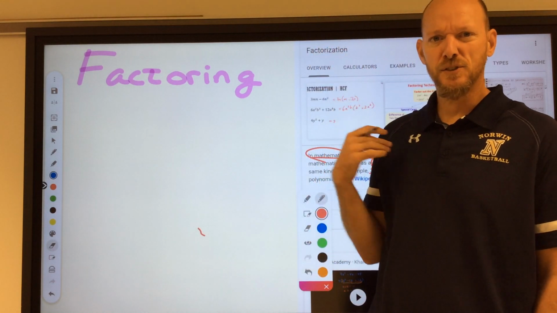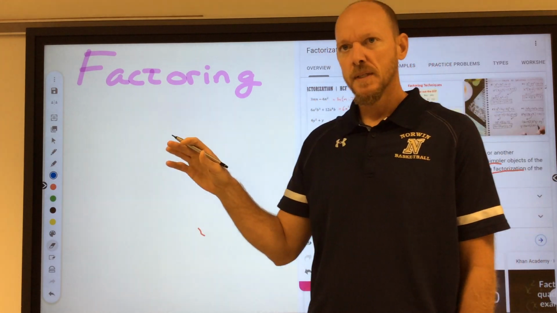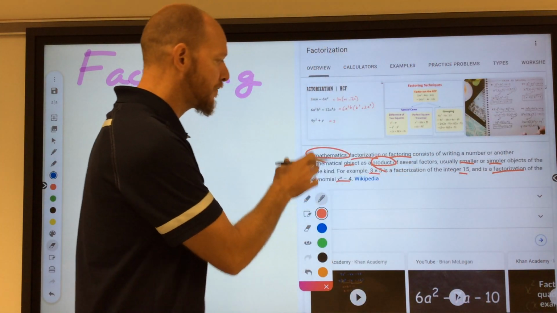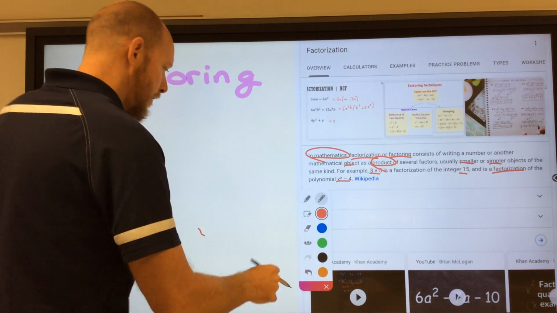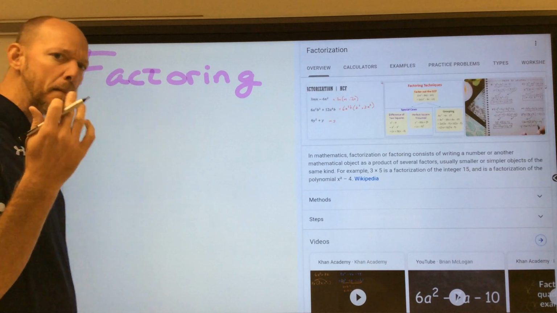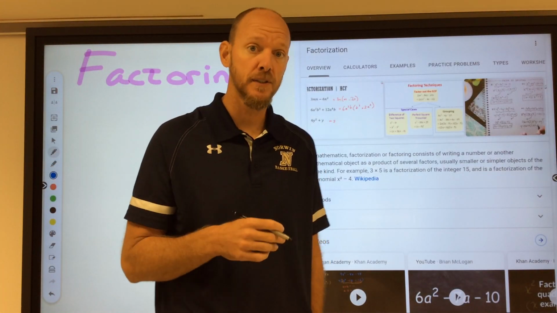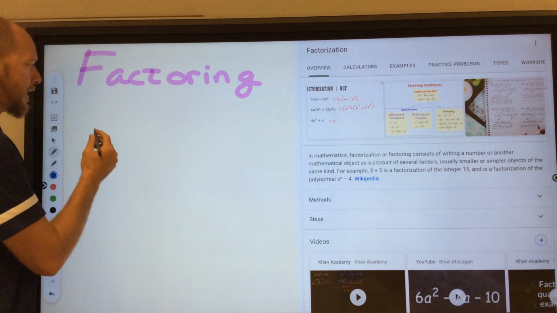So it's nice that we got started here with our little Google search, but factoring is connected with the word factorization. So let's just go back in time, if you would. If I think back to Algebra 1, I remember when we talked about prime factorization. So let's use their example.